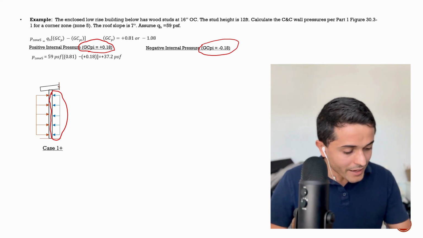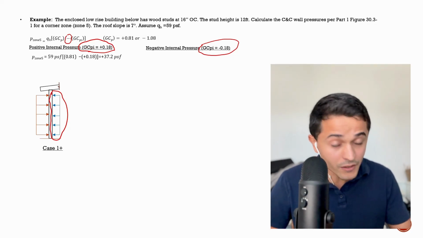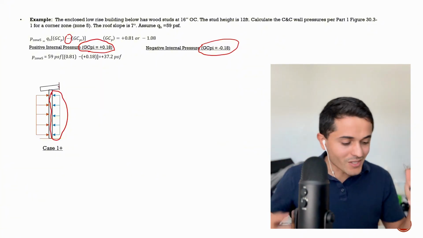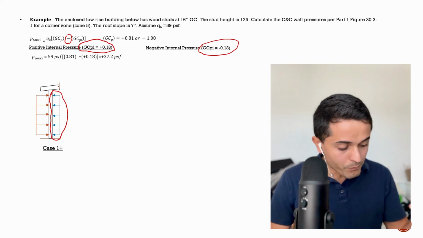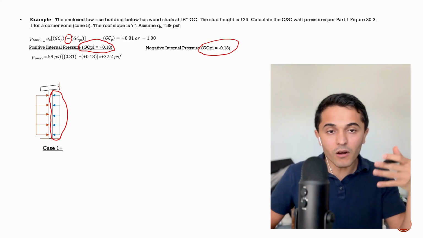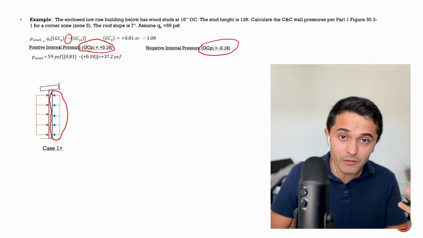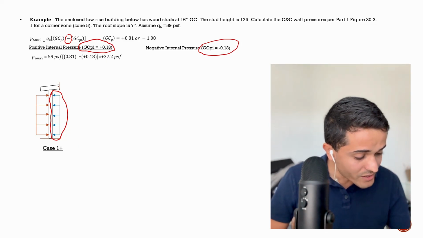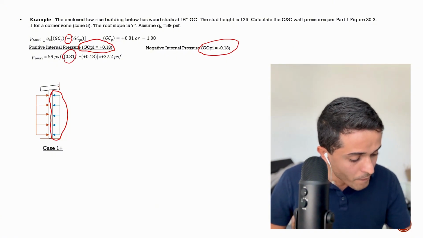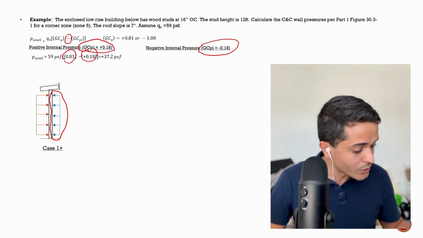And if we apply that within the formula, because the formula already has a negative embedded in it, so that these calculations make sense with the vector direction per se, so that the pressures that are going towards the surface are always positive. Pressures that are going away from the surface are always negative. So we see here 59 PSF times 0.81 positive minus positive 0.18, we got 37.2.